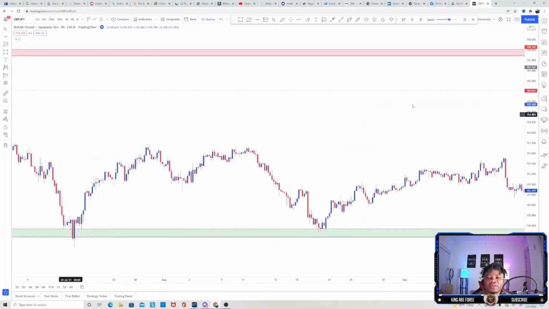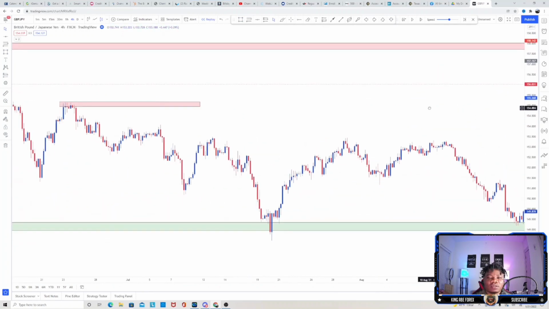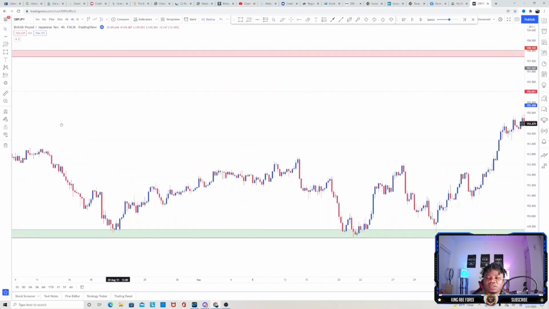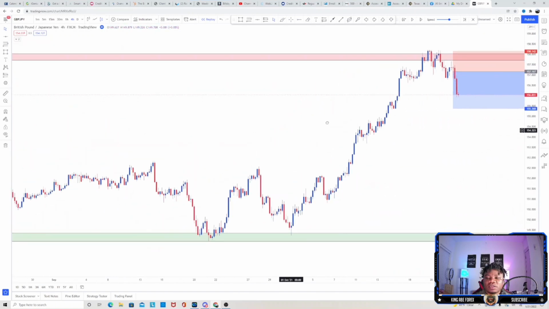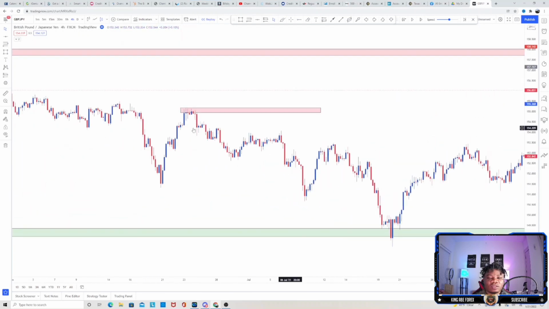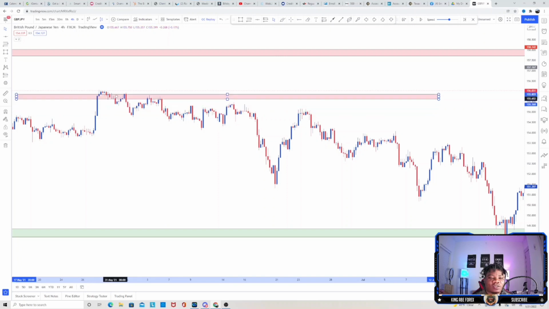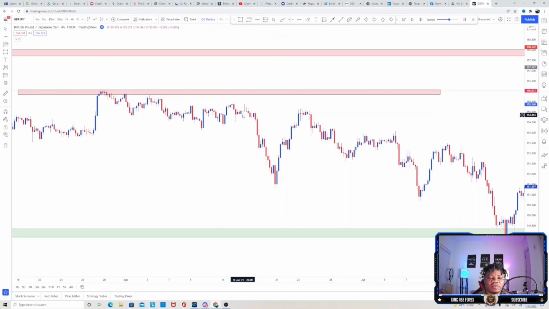Let me verify that real quick. Okay, so looking here to the left, I can actually target this zone here as my first take profit.